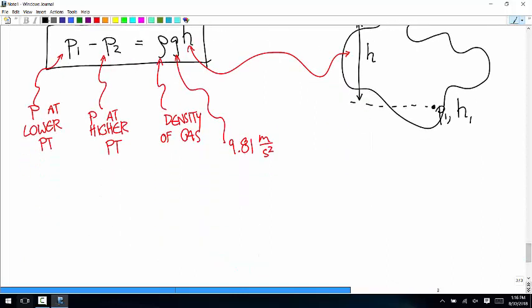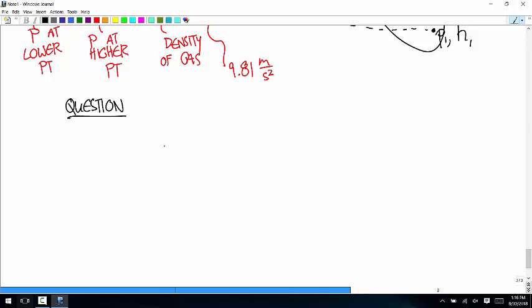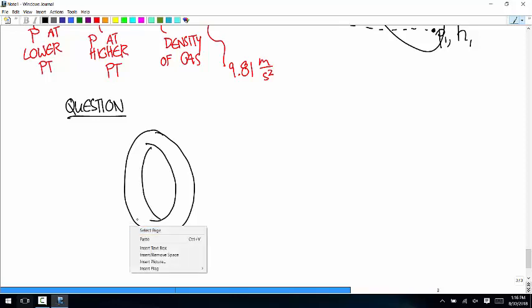Okay, so question. Here's an inner tube. It has a pressure.